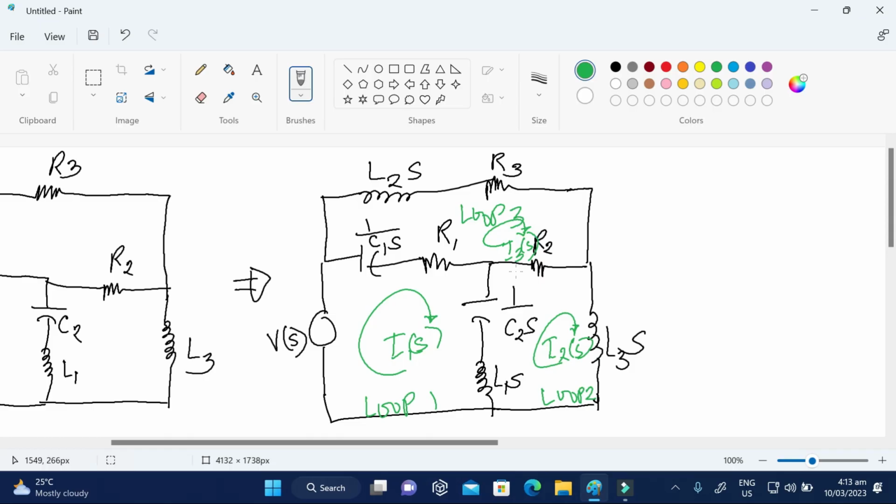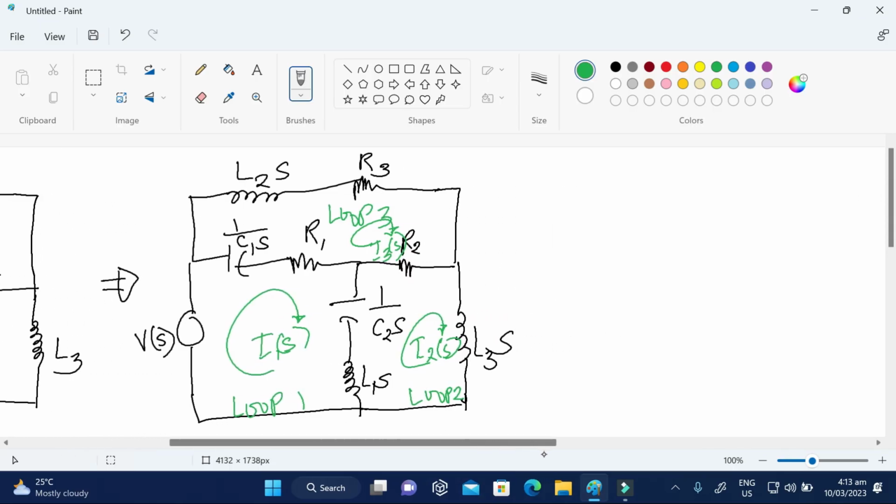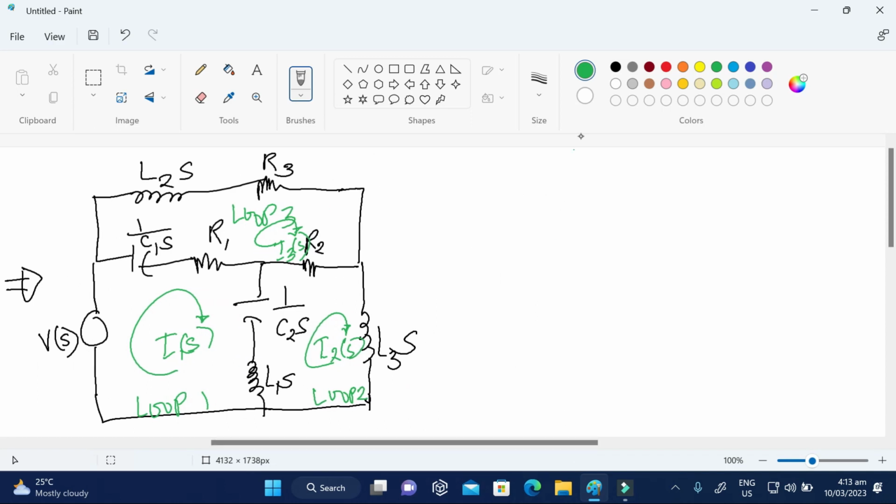Upon assigning the loop currents, we can now apply Kirchhoff's voltage law on each loop so that we can establish the system equations. For loop 1, we have Vs as the input.